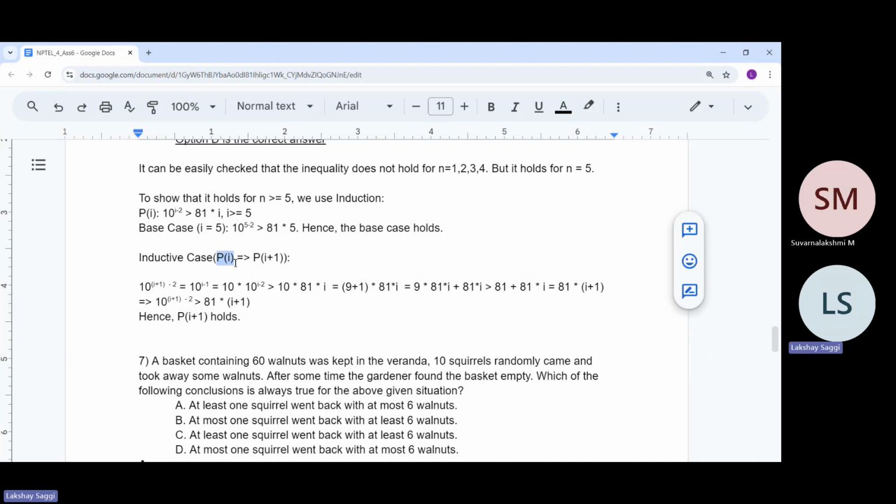Because only if P of I was true, then P of I plus 1 was holding. We use that fact here, where we said that 10 raised to the power I minus 2 is greater than 81i. We replace this 10 to the power I minus 2 by 81i because of P of I.